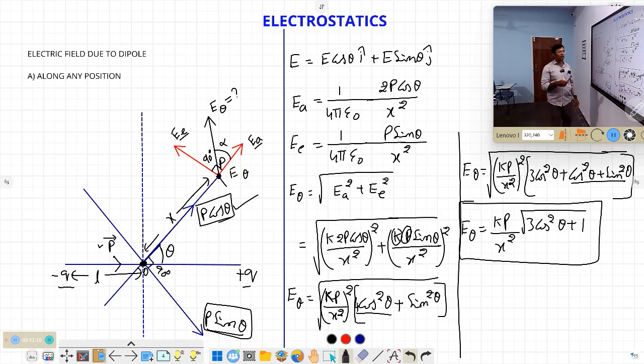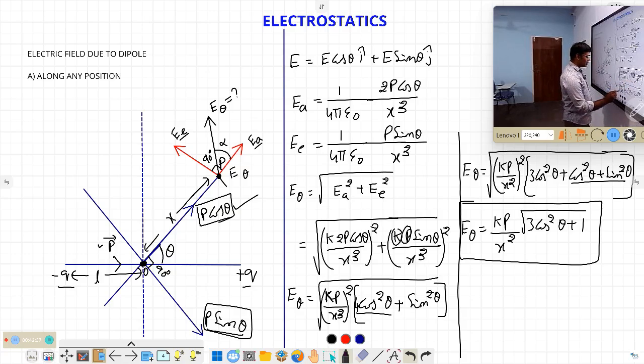See here, there is a small error. The electric field along the axial line formula is 1 by 4 pi epsilon naught, 2p cos theta by x cube, which we already derived. The equatorial field is also by x cube. So everywhere it is not x square, it is x cube.